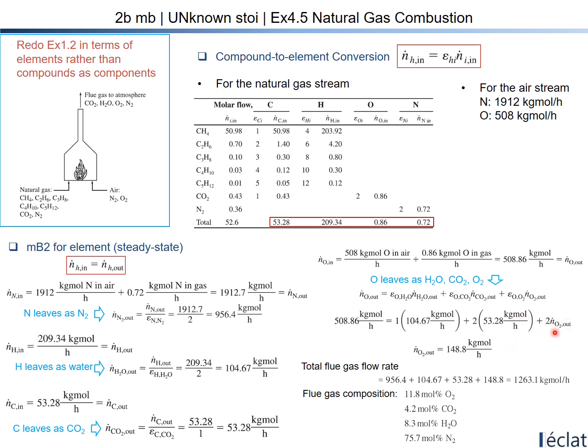So this is the unknown. I mean the unknown is the oxygen molecule flow rate in the upstream. So finally we could obtain that value. So right now we have the compositions in flue gas, like oxygen, carbon dioxide, water, and nitrogen. Let me remind you that this example is about the unknown stoichiometry coefficient problem.